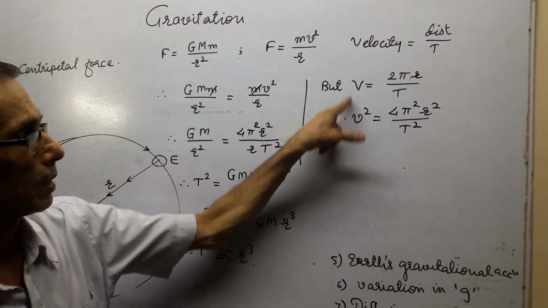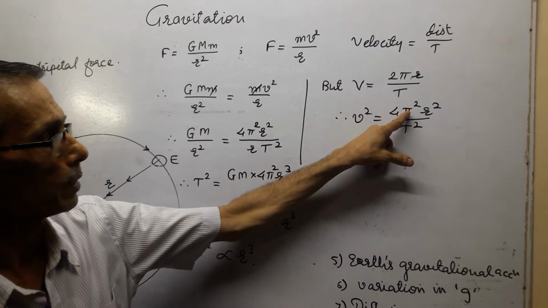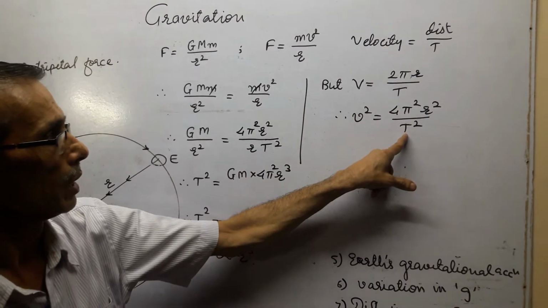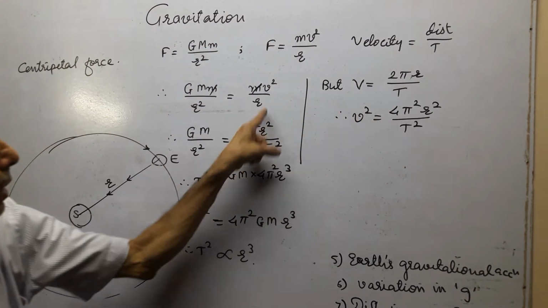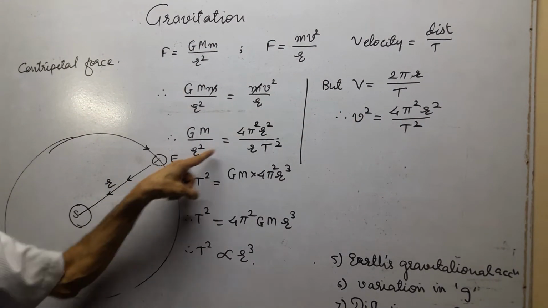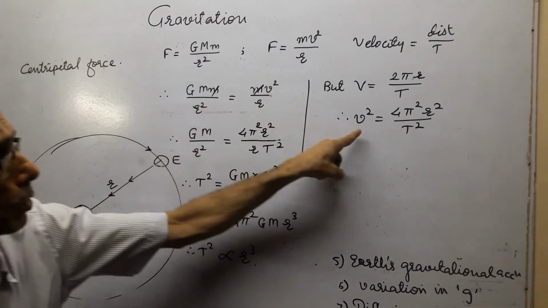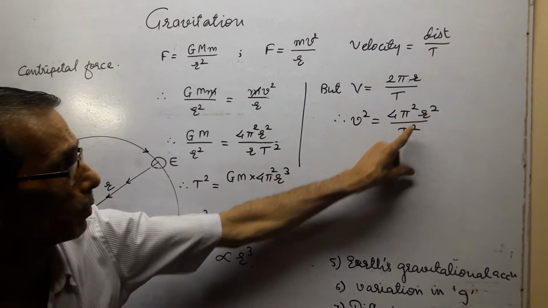Taking the square, we get 4 pi square r square upon T square, and this v square we substitute now. Substituting v square here, we get GM upon r square is equal to v square, but v square is equal to 4 pi square r square upon T square.